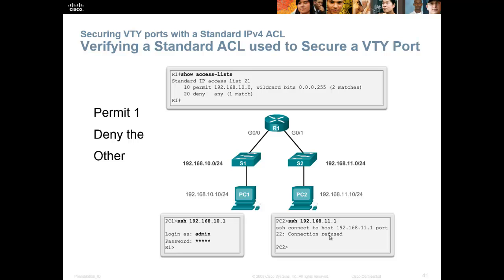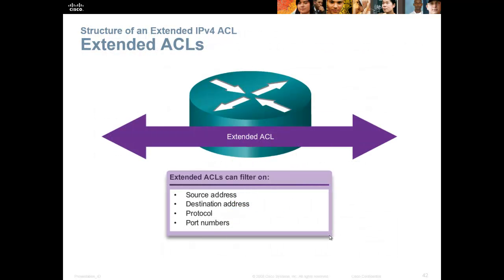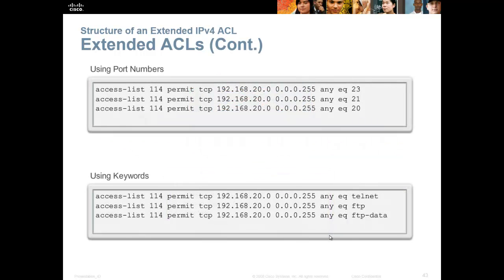All right, moving on to extended ACLs. Remember, extended ACLs get much more complicated because we can block by the source, the destination, the protocol, the port numbers, things like that. We can use port numbers, so anything equal to 23, anything equal to 21, anything equal to 20, or we can use names: anything equal to telnet, anything equal to FTP, anything equal to FTP data.